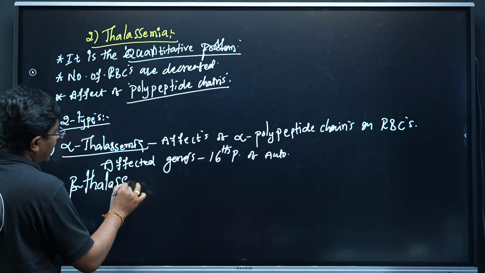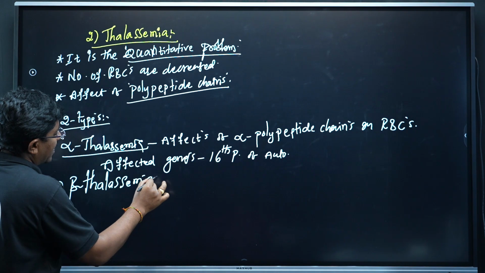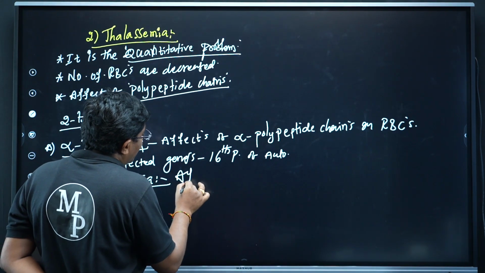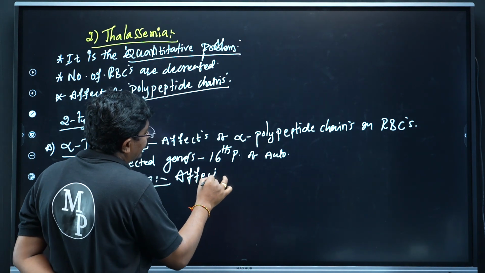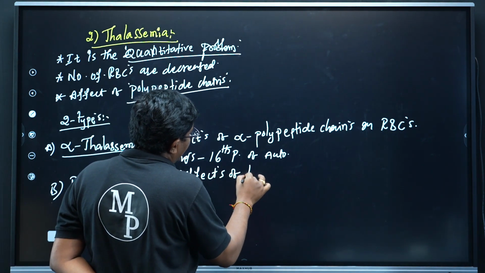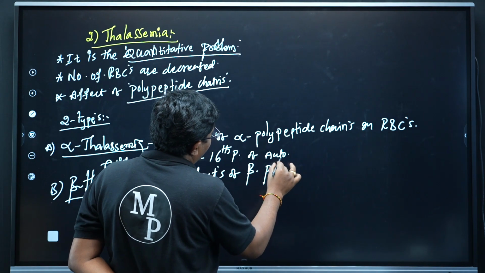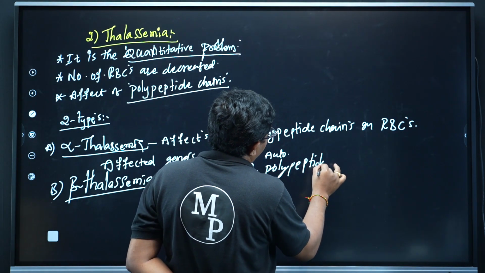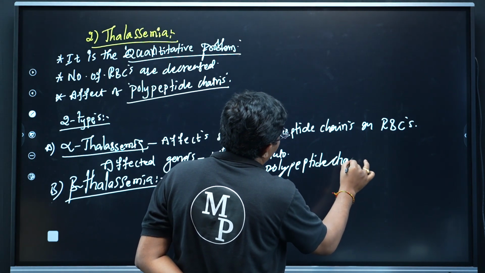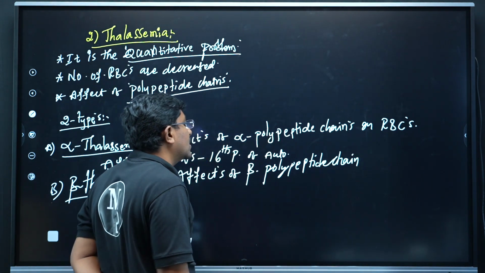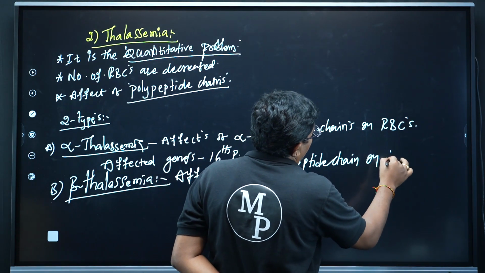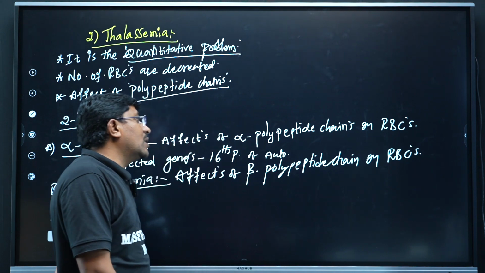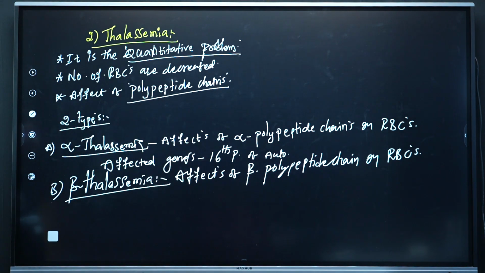Next, beta thalassemia. It is the second one. So, it is the effect of beta polypeptide chain on RBC.